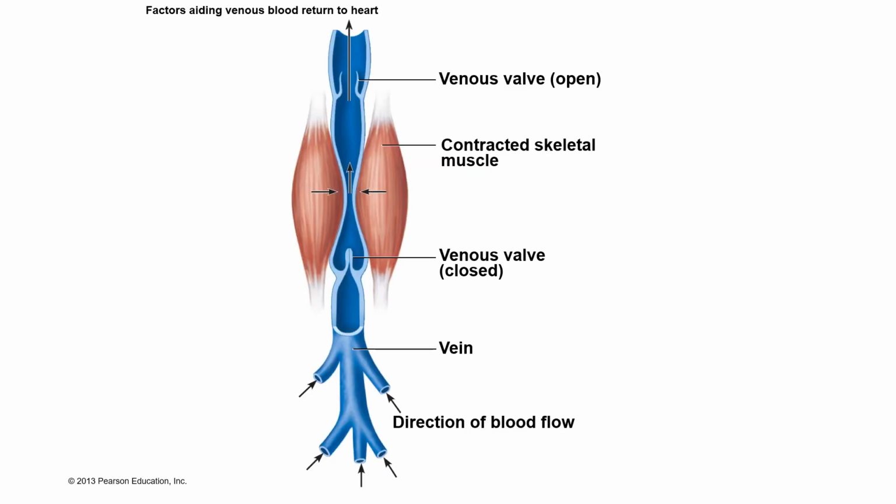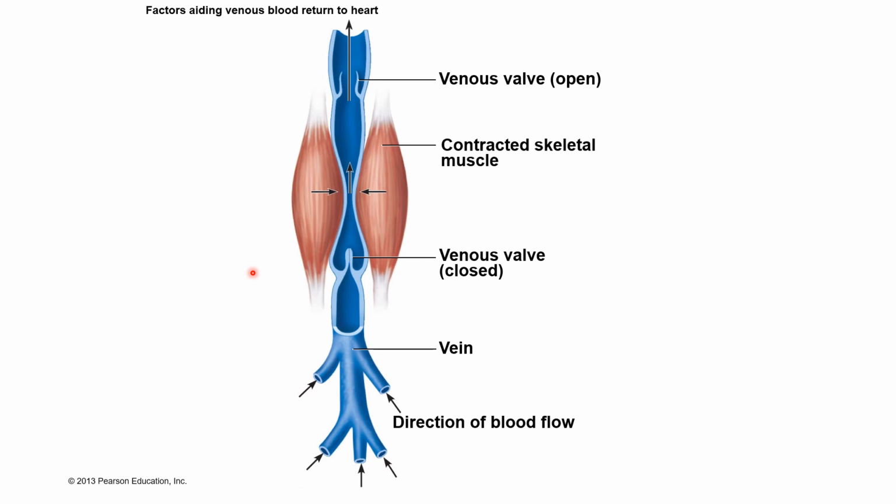So let's go ahead and take a look at this image right here. Here are the valves. Not all of your veins, by the way, are going to have those valves. Usually the veins that have those valves are the veins in your lower limbs, because the blood will have to move such a long distance to make its way to the heart.